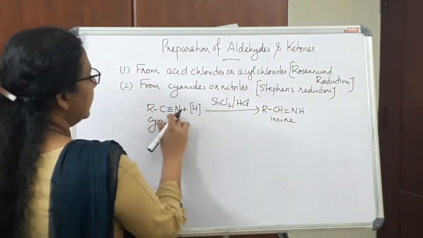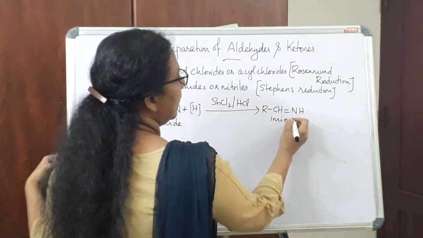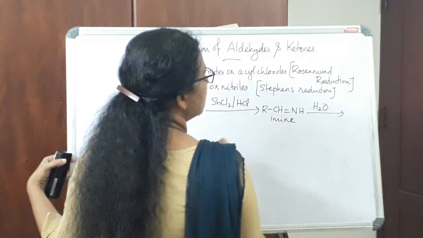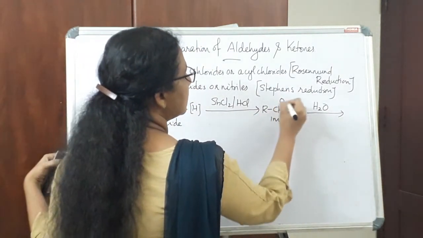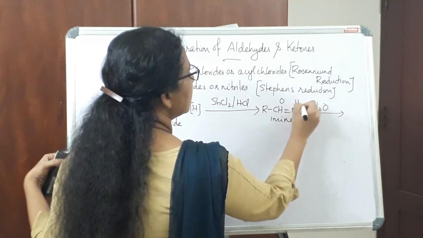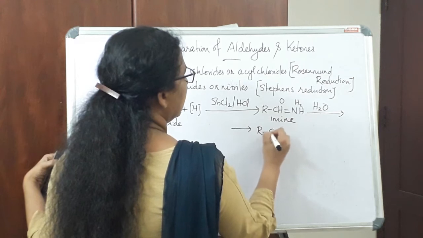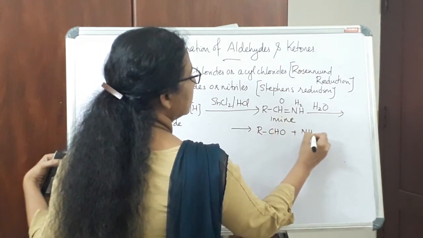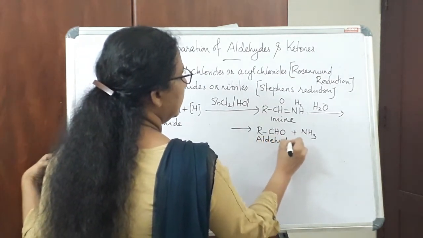Hydrogen is added here and the corresponding imine is formed at first, which on hydrolysis, with oxygen attached here and H2 attached here, gives the corresponding aldehyde, RCHO, plus NH3 as the byproduct. So this is also a method for the preparation of aldehyde.